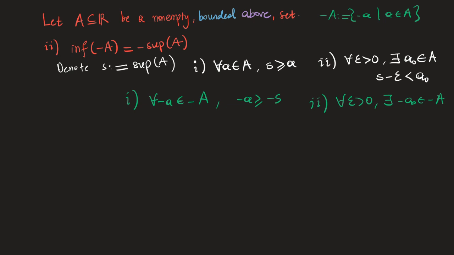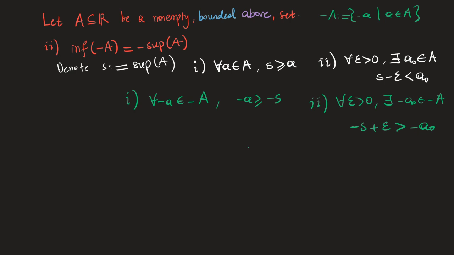Then minus S plus epsilon is bigger than minus a0. Let's look at it. This minus S is behaving like the infimum of this minus A.